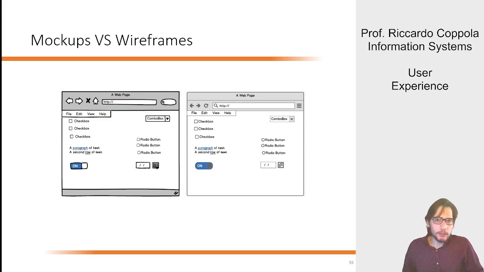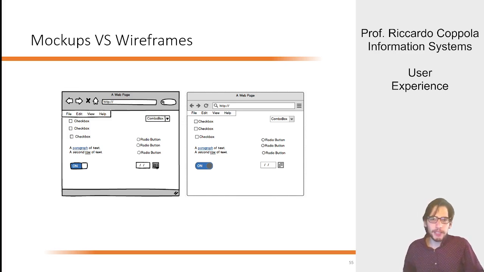In the case of wireframes, I use instead the aesthetic of the specific system that we are developing. So this is a very specific example. On the left we have a mockup. This mockup is a very generic representation of the buttons that I will have, and it is valid for any kind of implementation of specific platform on which I implement this system.